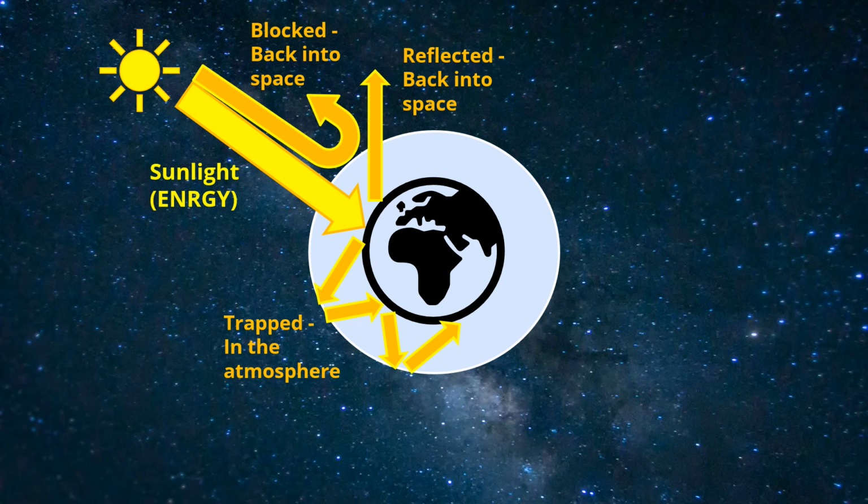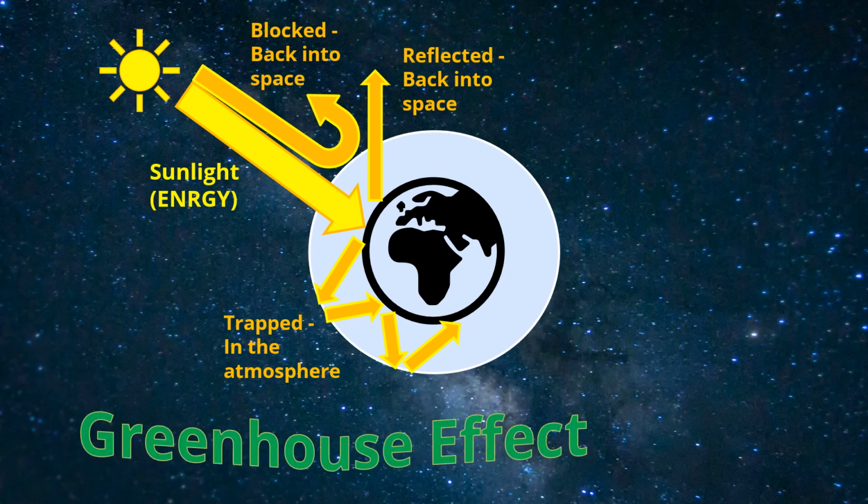It's trapped as heat. Now, this is really good. This makes life possible. And we call this entire effect the greenhouse effect. That's because it works the same way as a greenhouse, a little windowed house that keeps in warmth so that you can grow flowers and vegetables even in the middle of a cold winter.